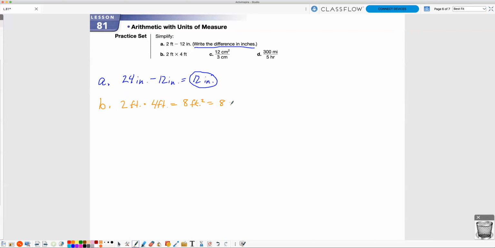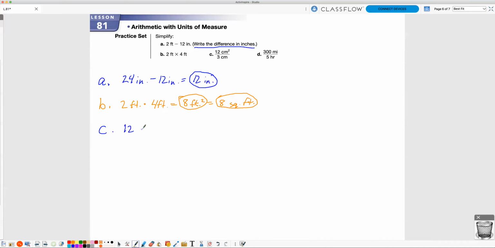So this would be 8 square feet as my final answer on this particular one. And this one also works too. I mean, if you're writing it this way, if you're typing it, this would be the easiest way to type it out.